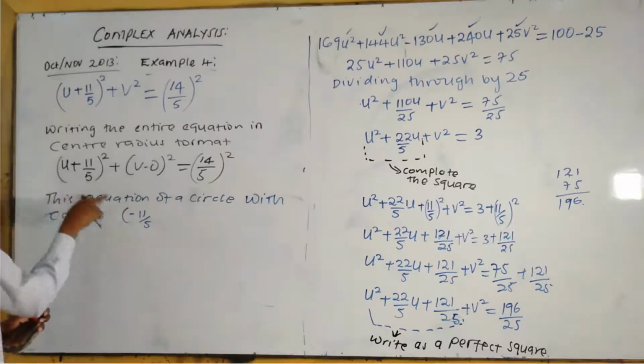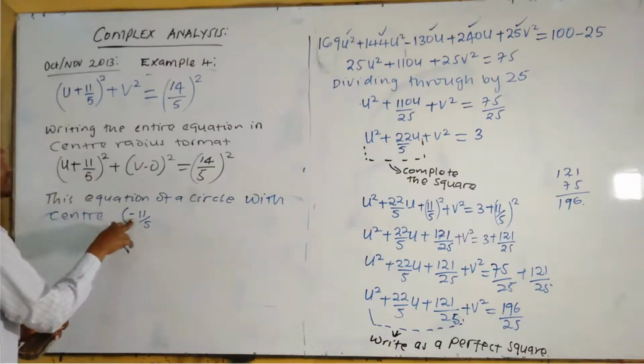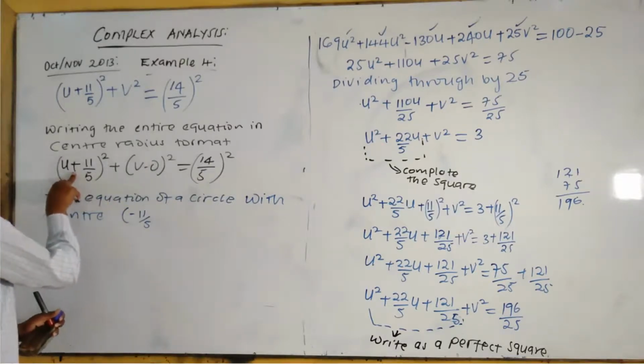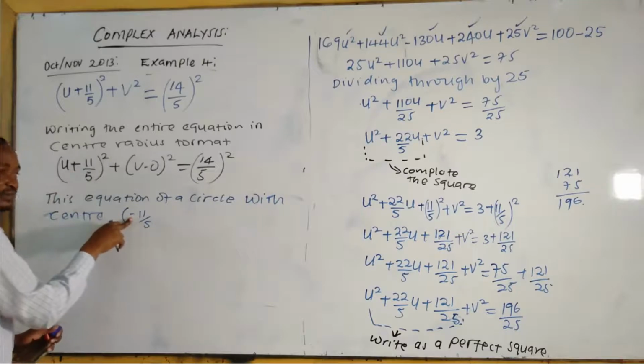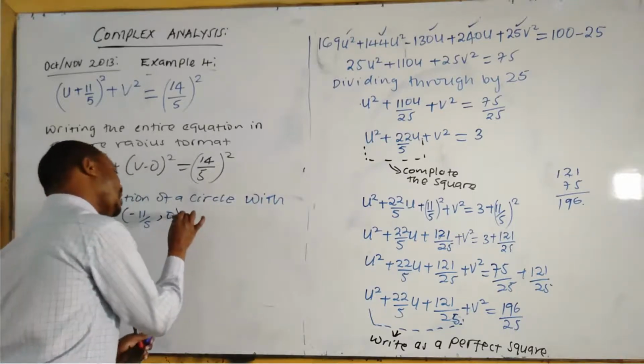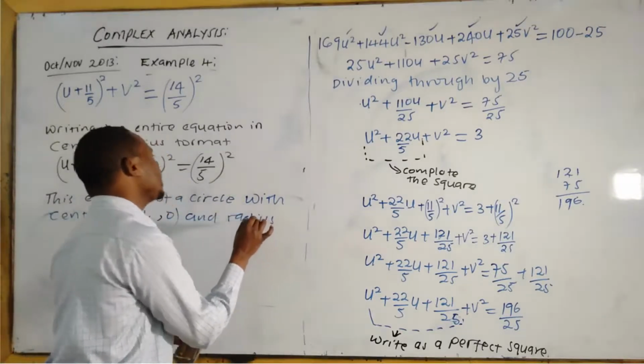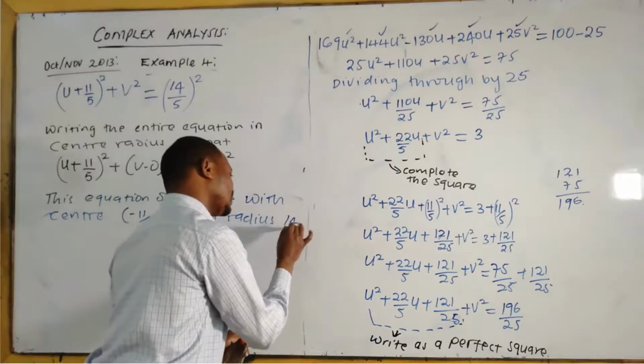If it's positive here, it is negative; if here is negative, here it is positive. The center is (negative 11 over 5, 0), and the radius is 14 over 5.